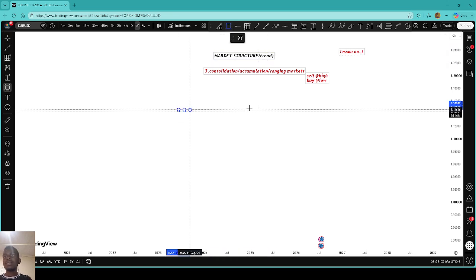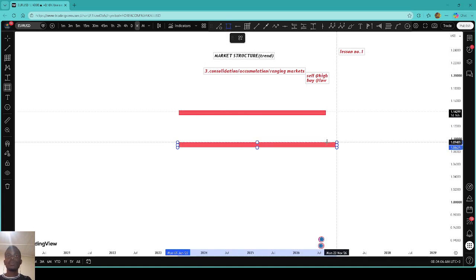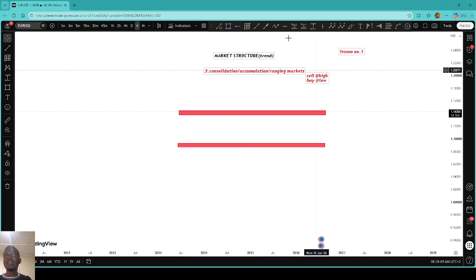So for instance, this was your range, there and here. Okay, now the market comes from up, taps into this support, does this, comes back, so it won't move this way.